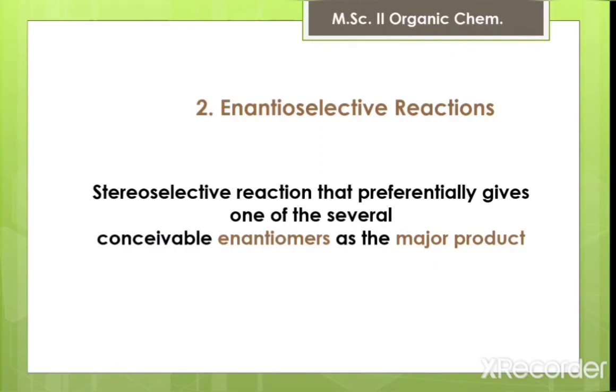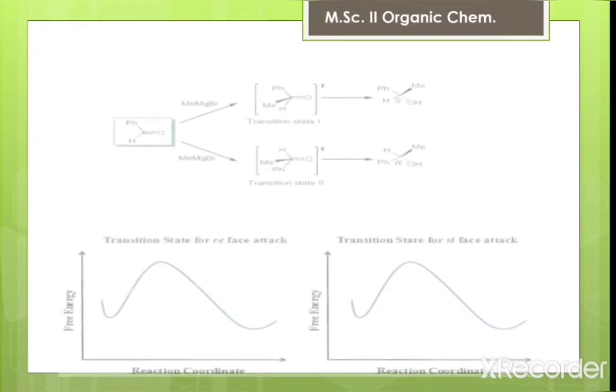Okay, next point, enantioselective reactions: stereoselective reactions that preferentially give one of the several possible enantiomers as the major product.